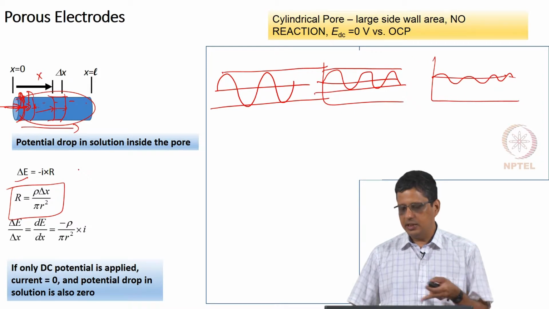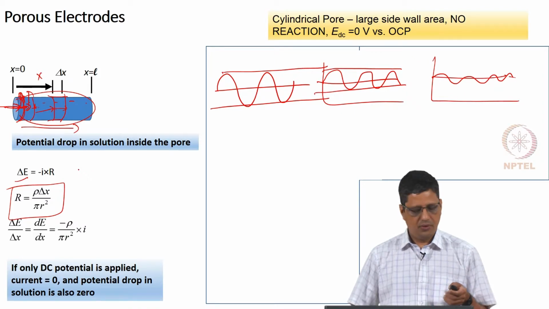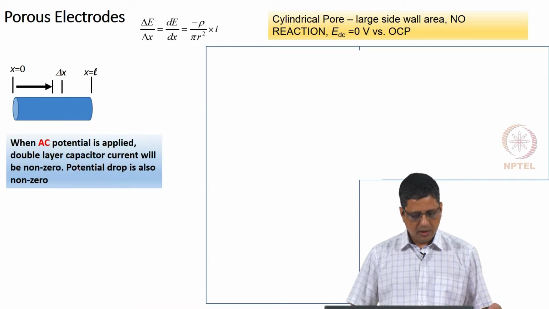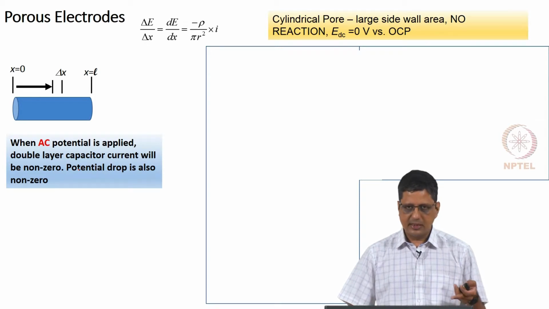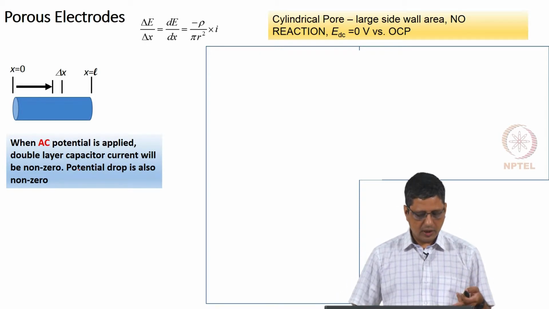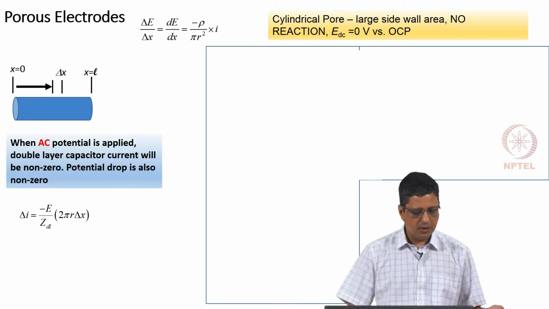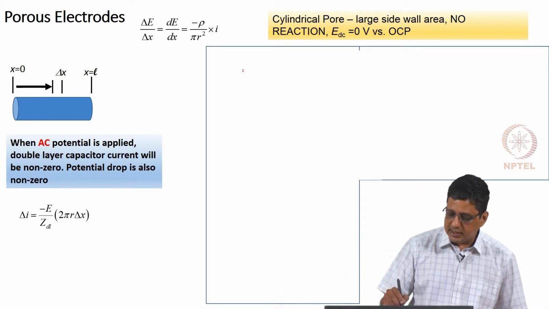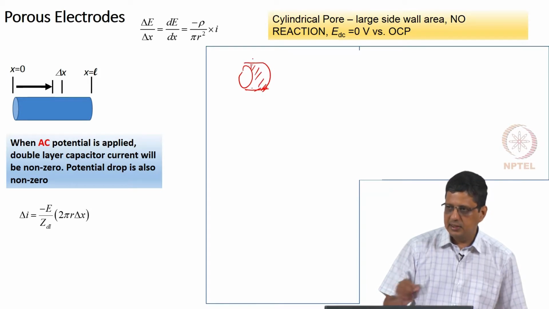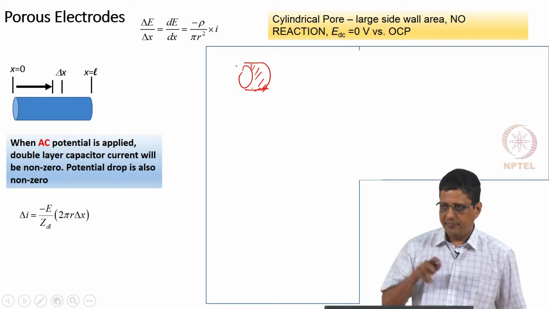We are not considering this; we are saying there is no reaction. But when you apply AC, you will have an AC current here. So, the capacitance will give you a current, and that is not 0, and the potential drop is also not 0. Now, if I take a small section and look at the cylindrical surface area, the surface area here is the sidewall area.